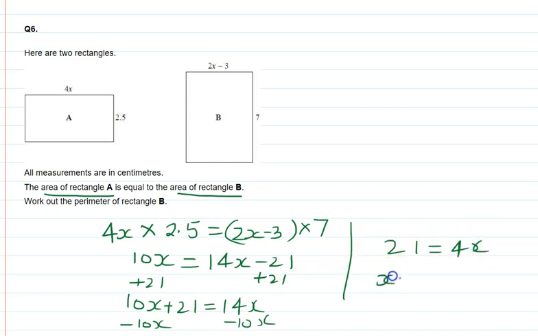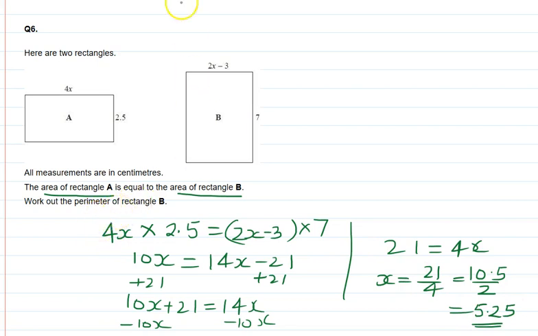Okay, so divide by 4 on both sides, so 21 over 4. Half of 21 is 10.5, half of 4 is 2, and half of 10.5 is 5.25. So x is 5.25.